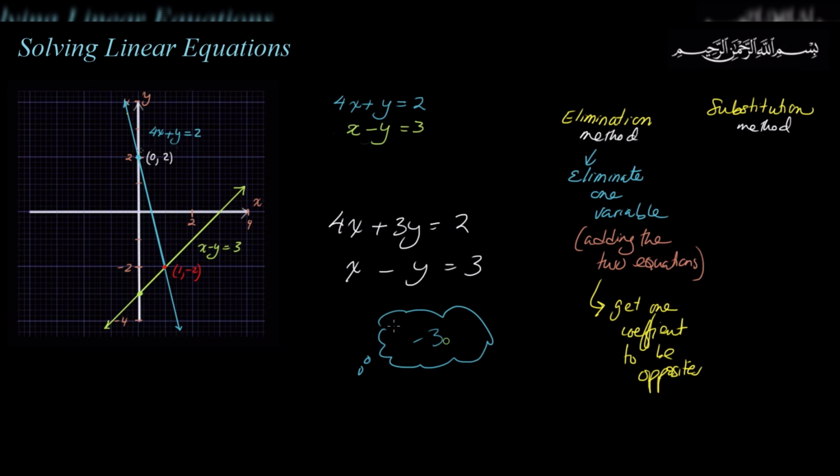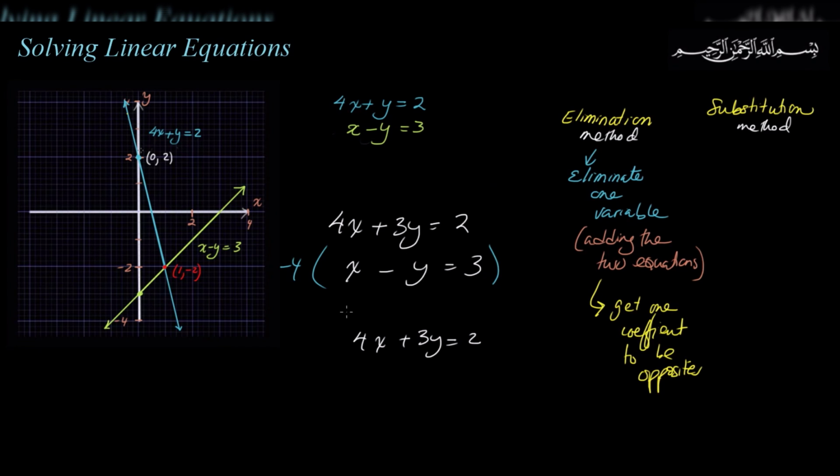So you have to think like that. And once you think, oh, it'd be nice if I had -4, well, I don't have it, but I can make it, because you can multiply this whole equation by -4, and then you get the x to be -4 in the front. So if I multiply this whole equation by -4, I'm going to rewrite both of them. I get 4x plus 3y is equal to 2.